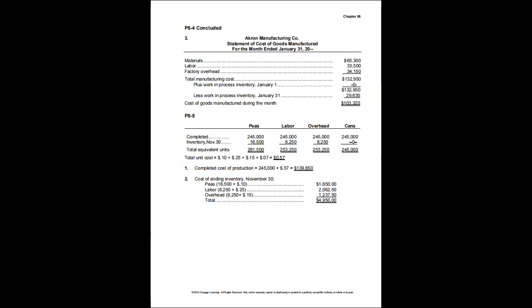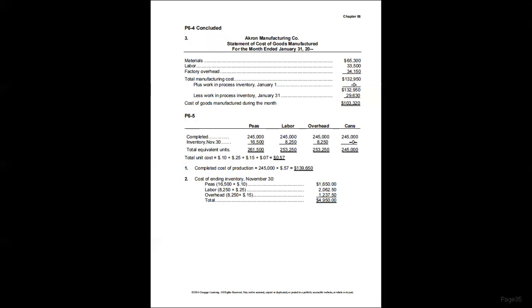Then 6.5, calculate the cost of the completed production for November. And by the way, in 6.4, we are using the weighted average method. In 6.5, we compute the completed production cost for November.